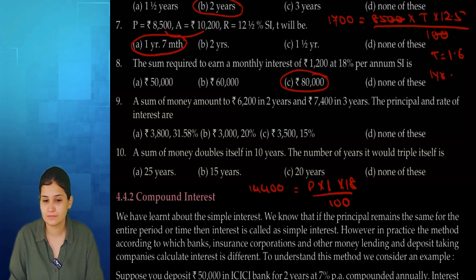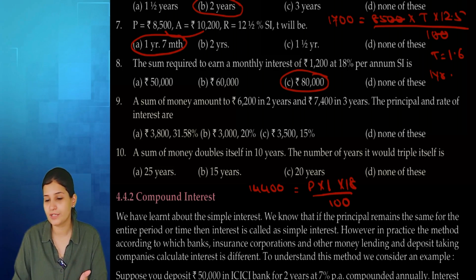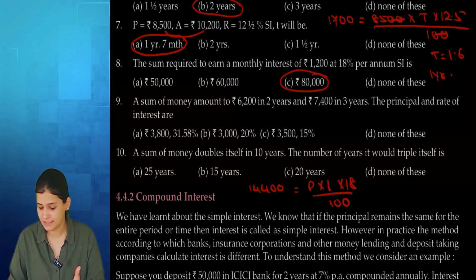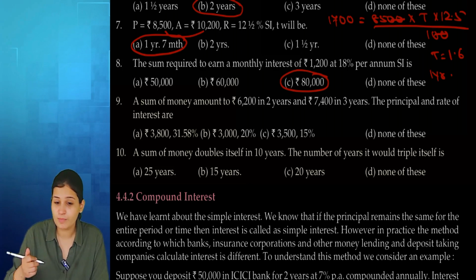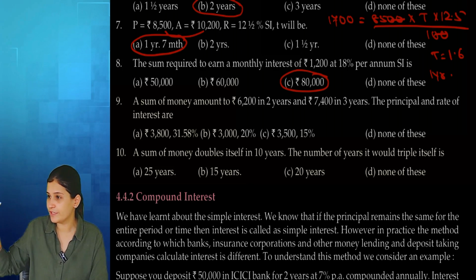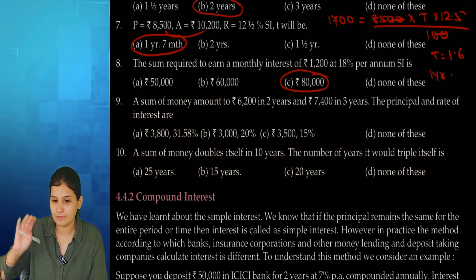Everybody done? Question number 9 is one of the most common questions you will see in your past year papers. It uses this formula: (A2 into T1 minus A1 into T2) by T2 minus T1.